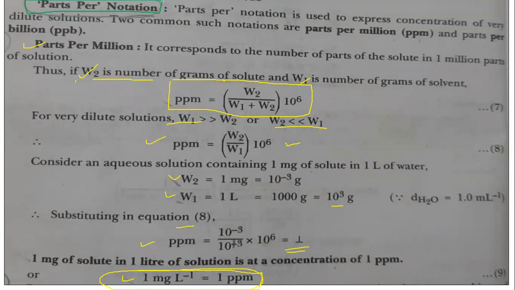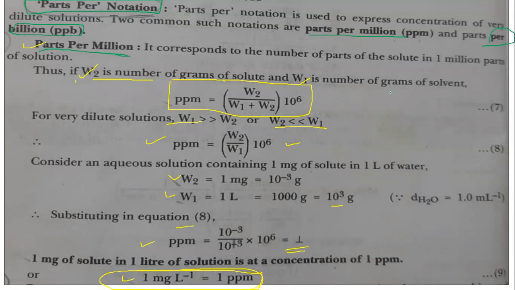As metals are present in very low concentration, these notations are used for that purpose. Part per million and part per billion, both concepts we are going to study here.